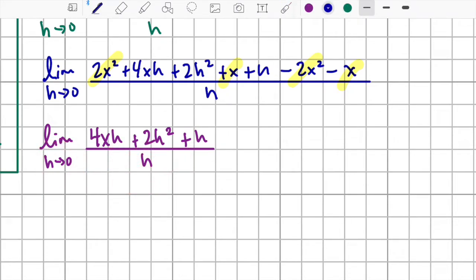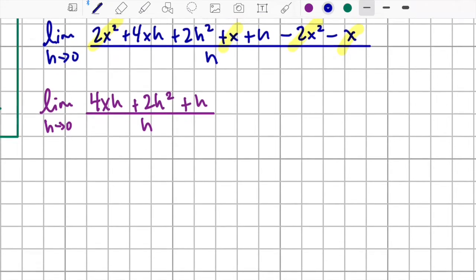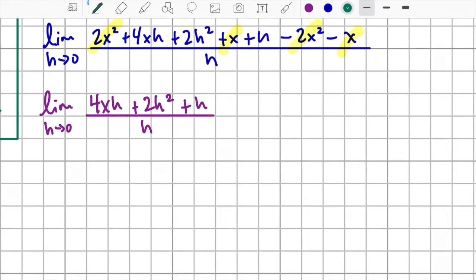But we get 0 over 0. So that means I have to simplify even more. So I can factor an h. Limit as h approaches 0. If I factor an h, we're left with 4x plus 2h plus 1 over h.